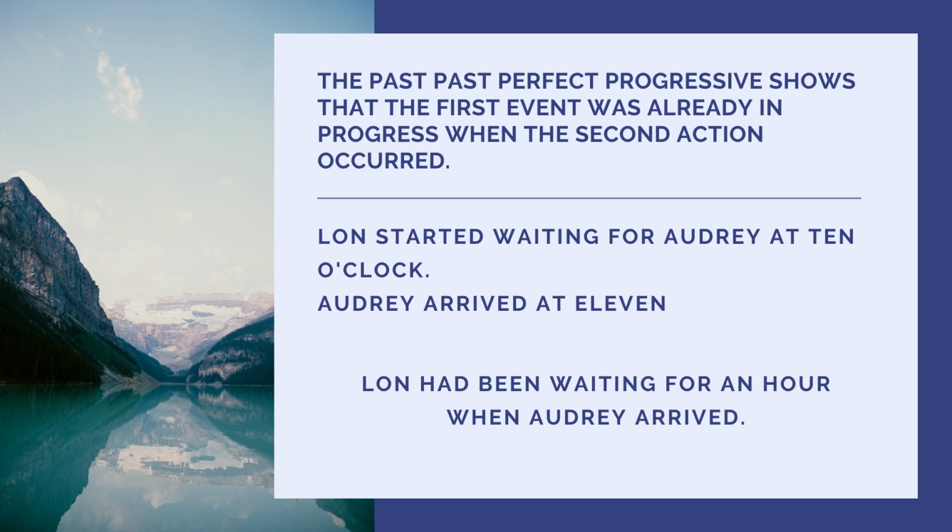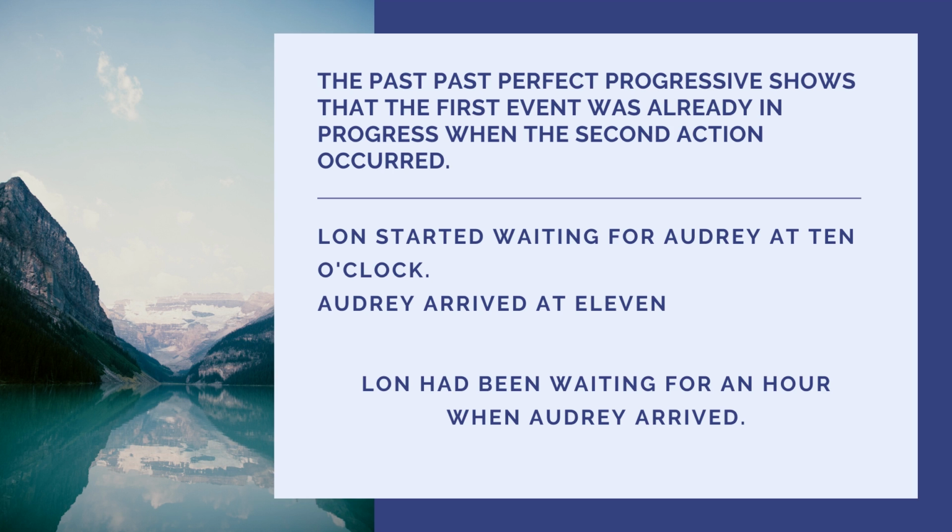You can use the past perfect progressive, or past perfect continuous, to point out that one event happened first. And the event that happened first is the one that you use with the past perfect progressive. So, in this case, Lon had been waiting for an hour when Audrey arrived.